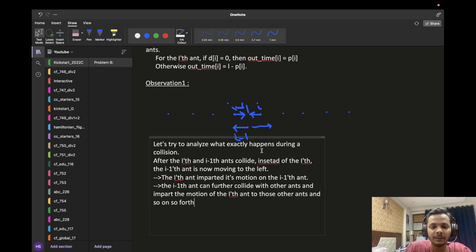So this process will keep on going until there is a final ball which will have the motion of the ith ball, and that particular ball will be the last ball which will be having the motion of the ith ball, and that ball will fall down.